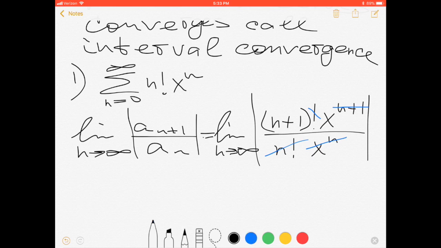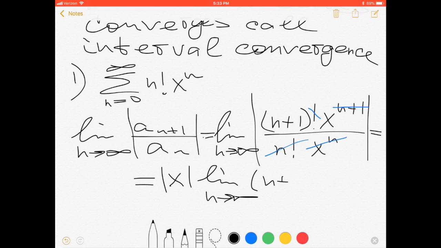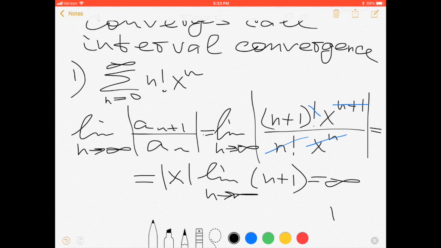Because it's only x, it doesn't depend on n, we can take it out of our limit, and we have the limit as n approaches infinity of n plus 1. But this limit is infinity for any x except 0.